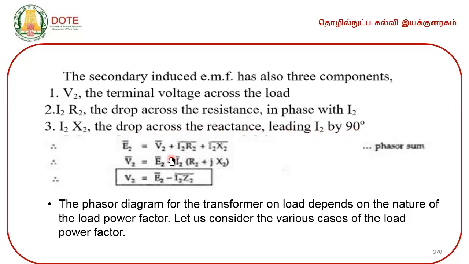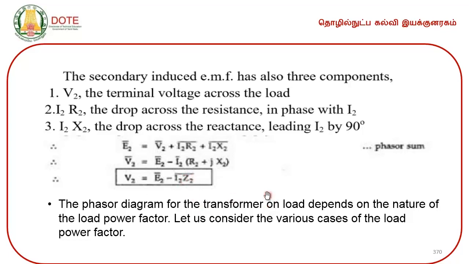Now, I am going to have the phasor addition of V 2, the drop across the resistance and the drop across the inductance. E 2 is equal to V 2 plus I 2 R 2 plus I 2 X 2, all phasors. So, V 2 vector is equal to E 2 minus I 2 into R 2 plus j X 2. So, V 2 is equal to E 2 minus I 2 Z 2, where Z 2 is the impedance of the secondary.